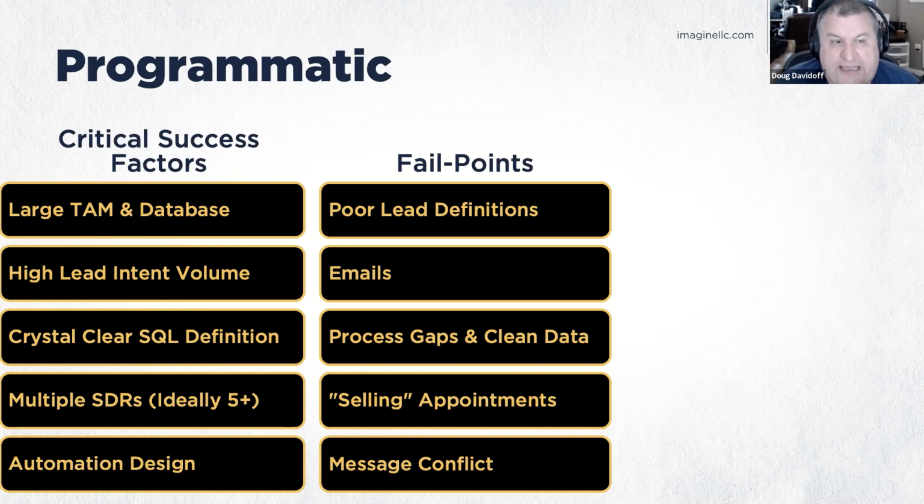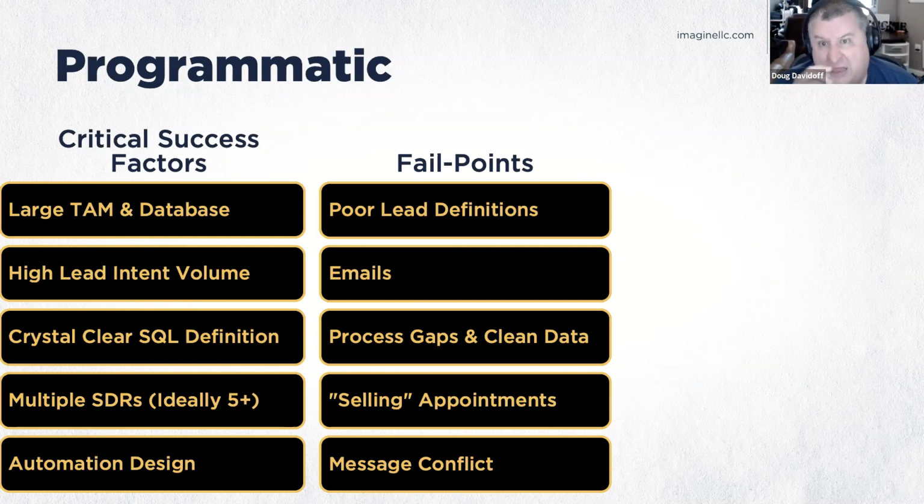It's really, really easy in the programmatic approach for your people to be selling appointments. And if you sell appointments, that's going to create lots of problems. And what I mean by that is you're pushing appointments as opposed to generating truly sales qualified leads.